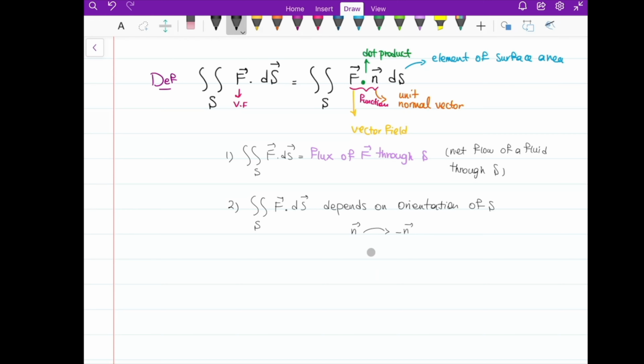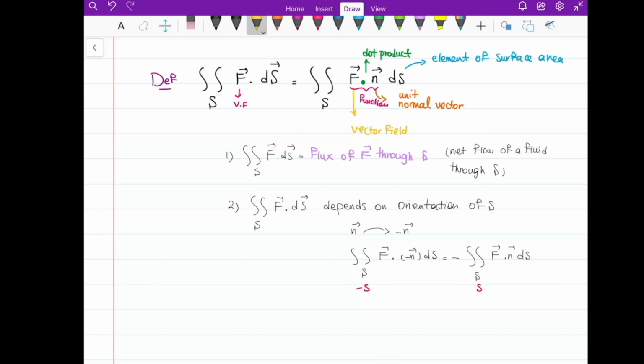So the integral of F dot negative n ds over S is basically the negative integral of F dot n ds over the surface S. When we change the negative sign, it is like we have negative S in here and S in here. You see, that's the difference between them.